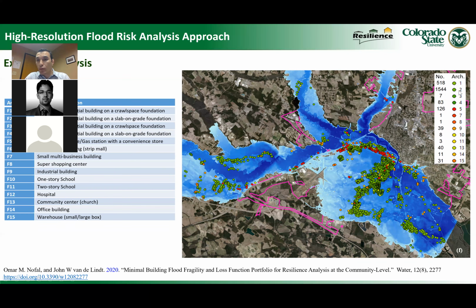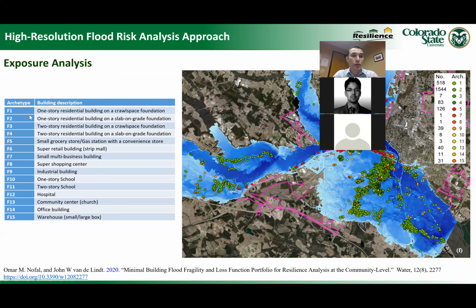So for example, the green color, which is building archetype 2, we have 1,500 buildings designated as archetype 2, and this table shows us that archetype 2 is a 1-story residential building on a slab on grade foundation. Similarly, we have 11 buildings in the orange color designated as archetype 14, which is an office building. And similarly, we can do it for all the different building archetypes.